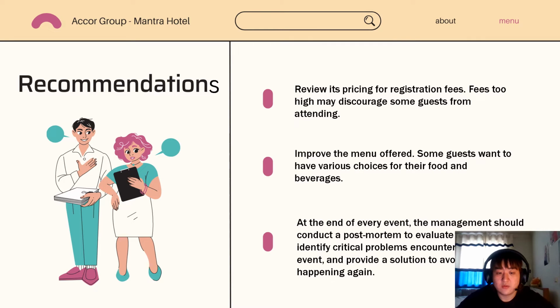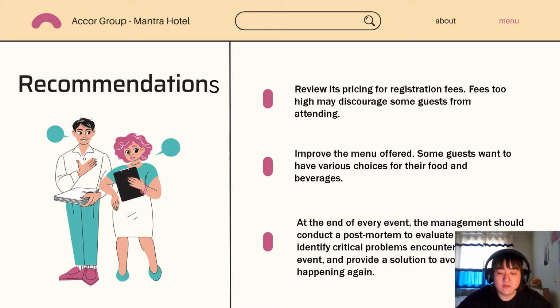For the management to perform better on its next event, the following are the recommendations. First is review its pricing for rejection fees, since fees too high may discourage some guests from attending. Second is improve the menu offered because some guests want to have various choices for their food and beverages.